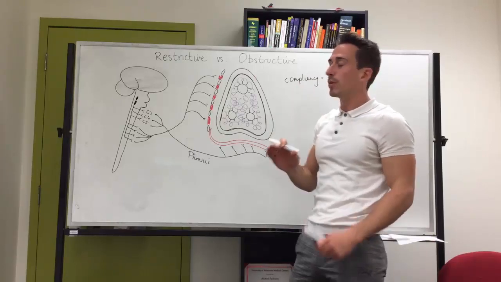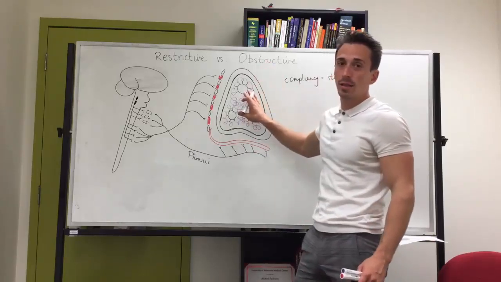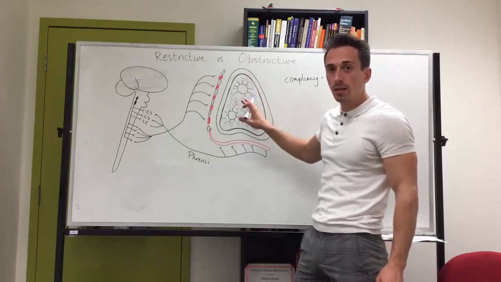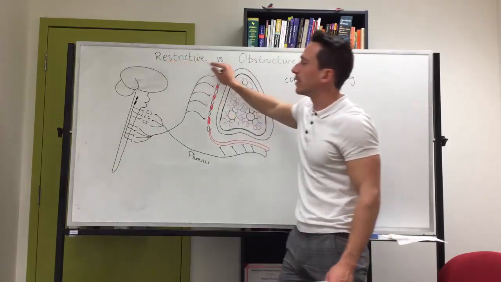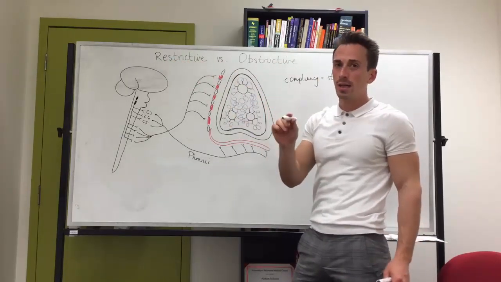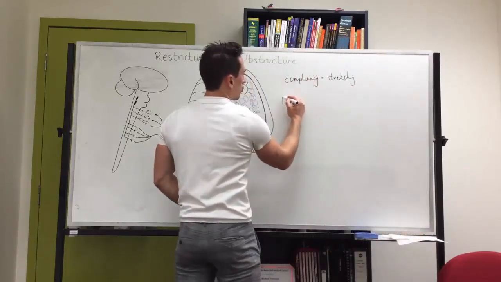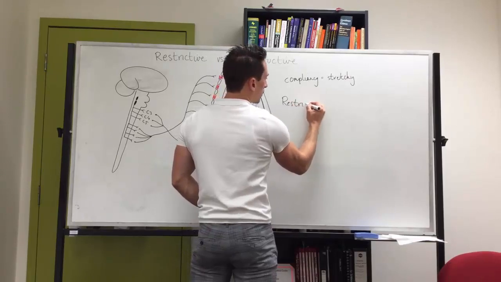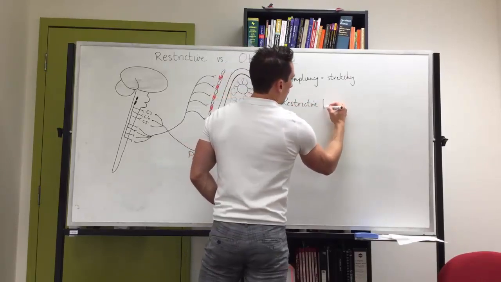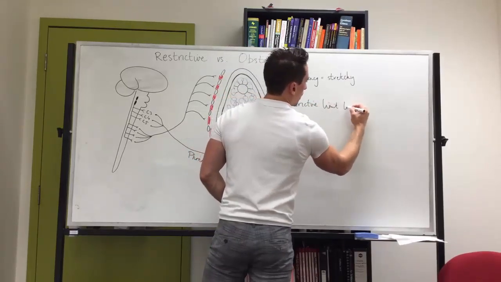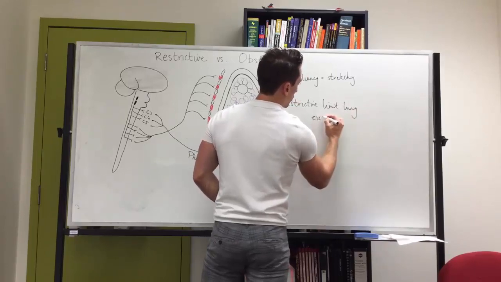If something happens to restrict the expandability of the lungs, that is called a restrictive disease. So restrictive diseases limit lung expansion.